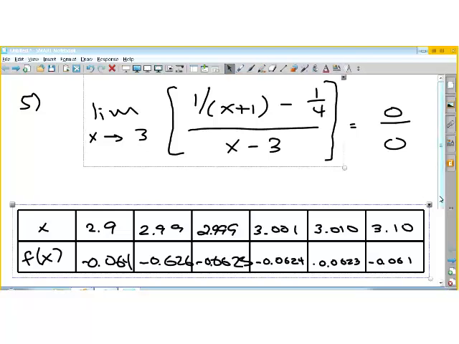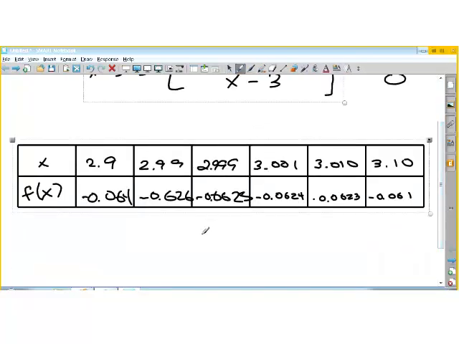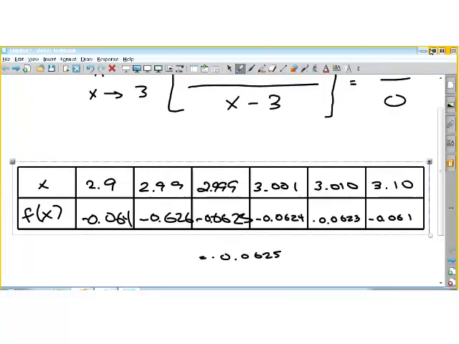Hold on a second. Oh, my cursor's not responding. There it is now. So the actual limit is probably negative 0.0625. That's how you would do it numerically.